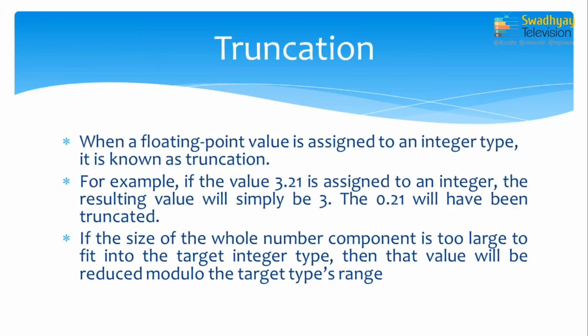That means Java will automatically try to convert the value into the target type. If it cannot be accommodated, then it will use modulo of the target type's range. That means if I want to store an integer value into a short, then it will try to find the modulo and whatever result is obtained is stored in the short data type. So, this is known as truncation.